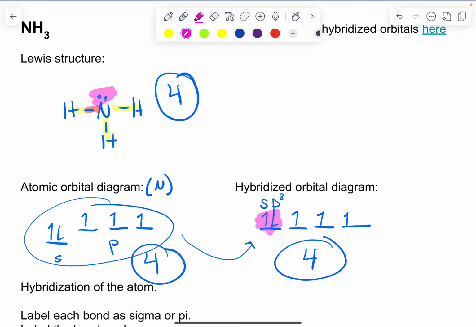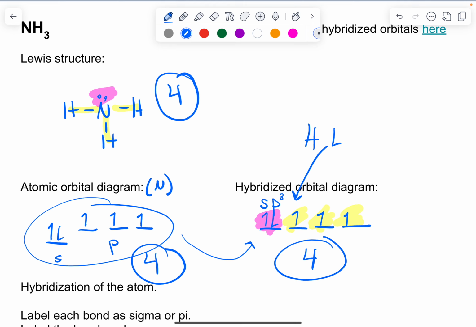And then each of these bonds is represented by each of these half-filled orbitals, because then what happens is that the hydrogen brings its 1 electron in and overlaps with that orbital.